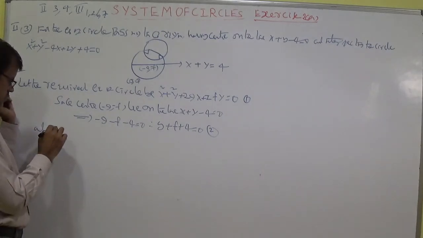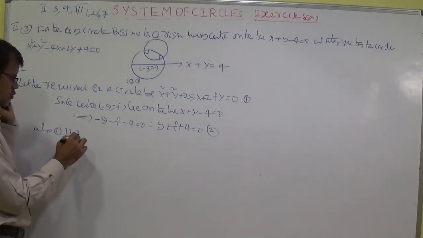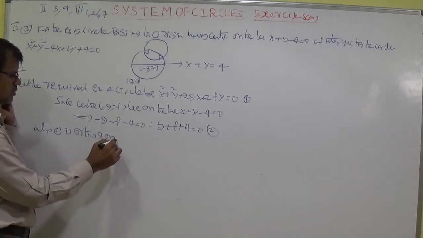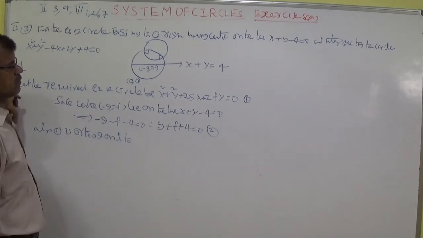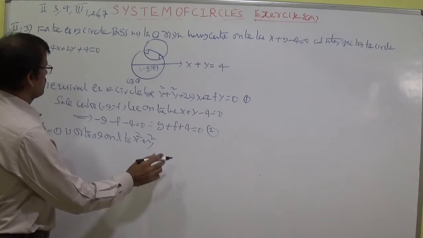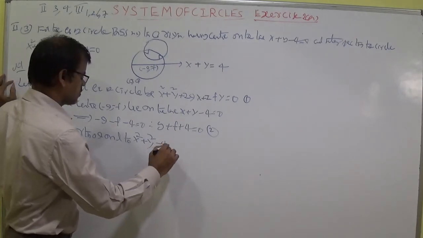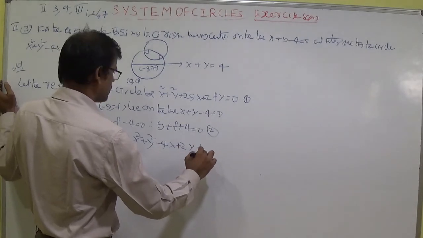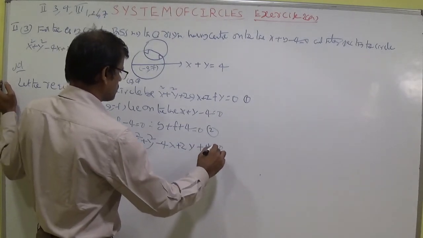Also, circle 1 is orthogonal to the given circle x square plus y square minus 4x plus 2y plus 4 equal to 0.